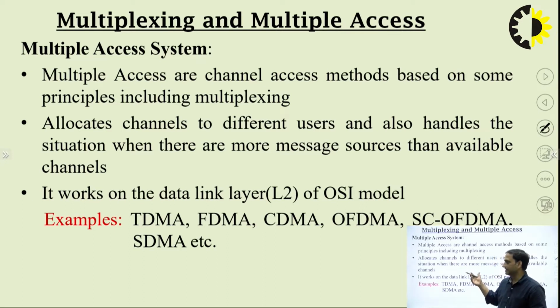So we can say multiple access is one step ahead of multiplexing. It allocates the different channels to the different users, and also handles the situation when there are more messages available than channels. These multiple access schemes work on the data link layer, which is the L2 layer of the OSI model.